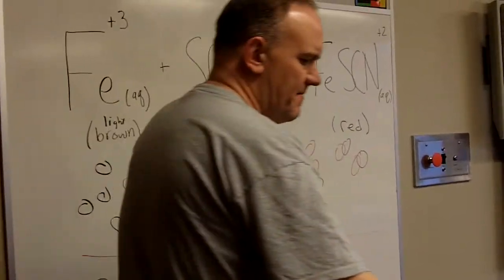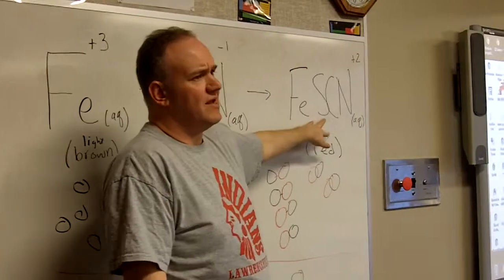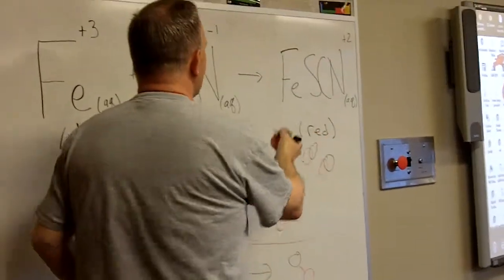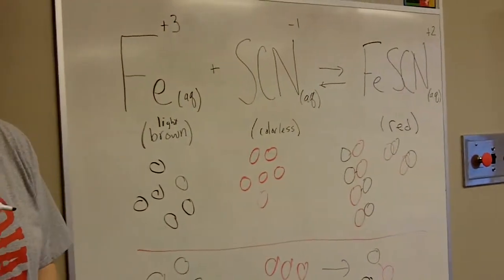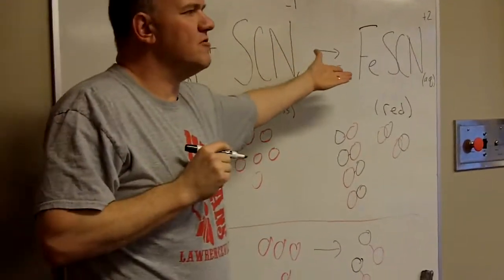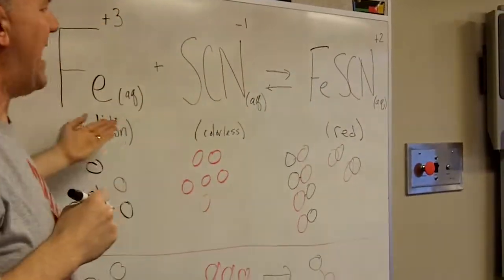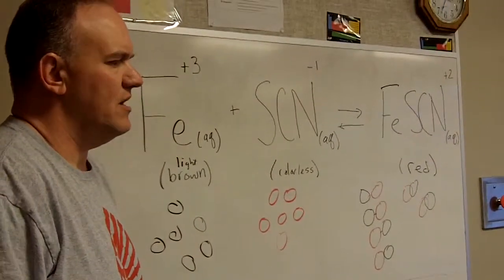that these iron thiocyanate complexes that are being formed are also breaking back apart. You have a forward reaction creating the red, but you also have a backwards reaction getting rid of the red.